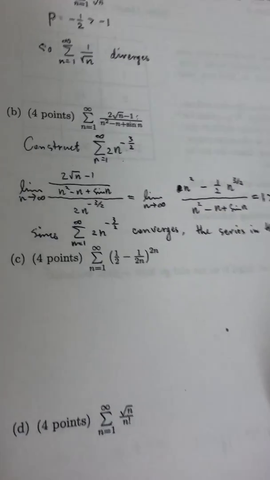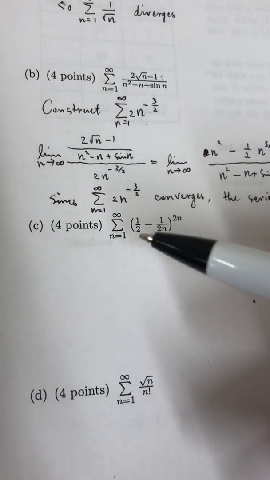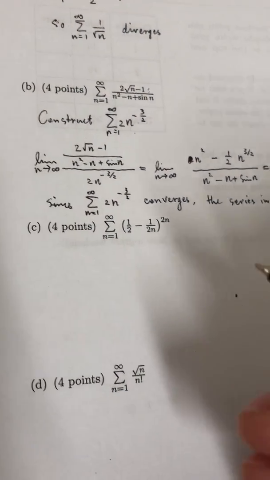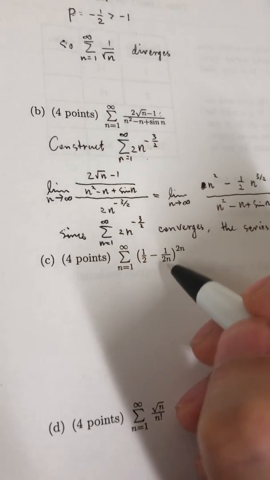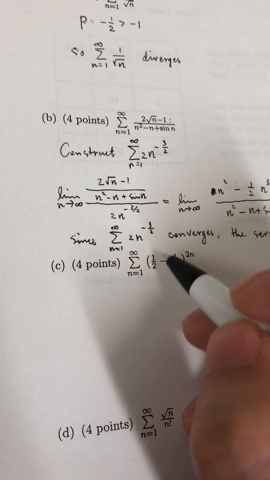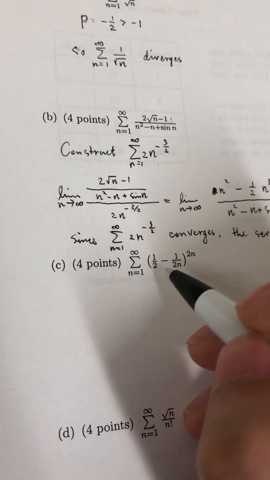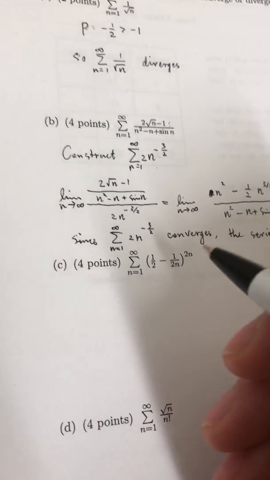Third one. For this one, the easiest way to do it is using the root test. Remember, when n is greater or equal to 1, the base 1/2 minus 1 over 2n is always greater or equal to 0. Okay.